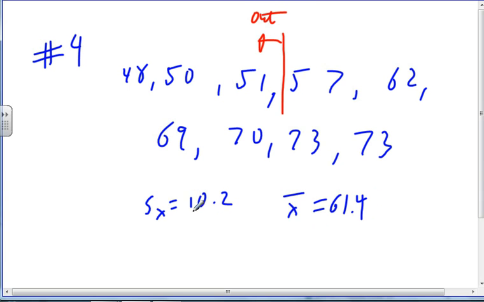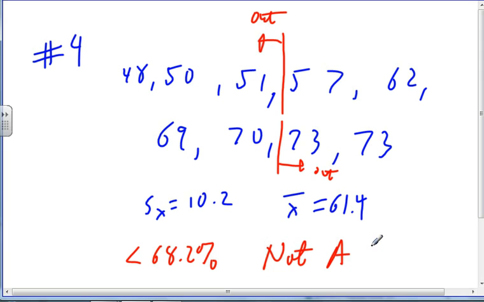And I can go up to 71 point something, so the guys that way are out. I have 4 in, and I have 5 out. That's less than 68.2%. And this is not a normal distribution. So 2 not normal distributions in a row.